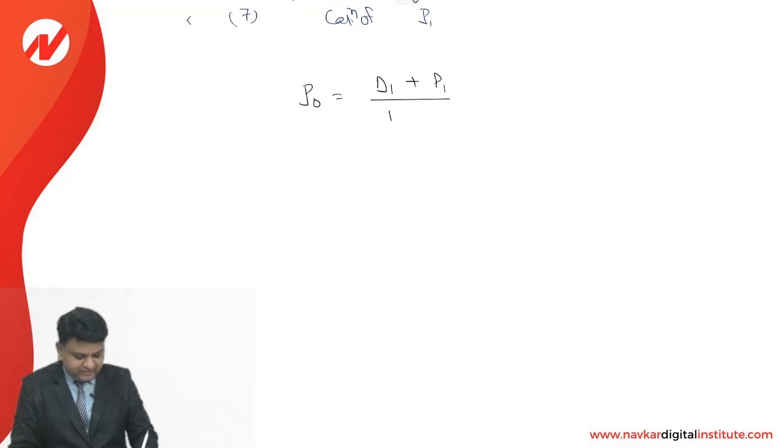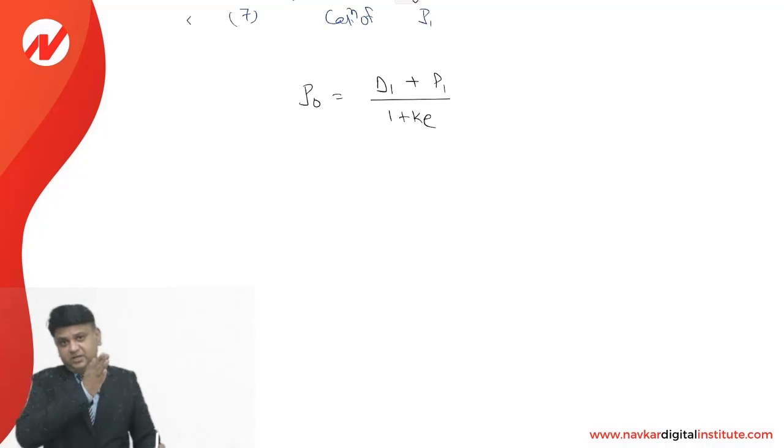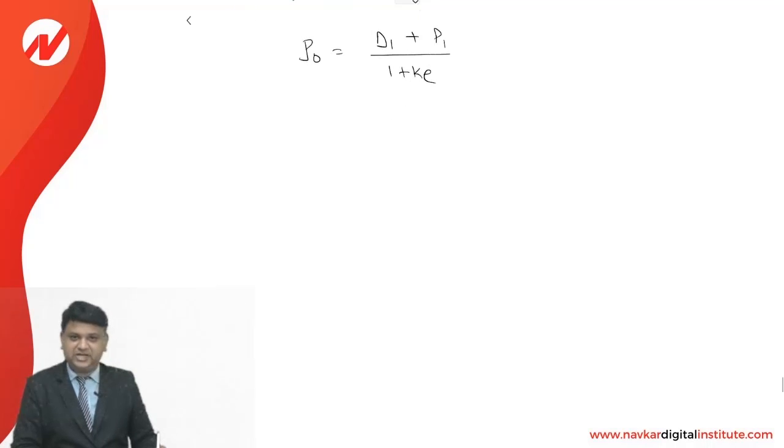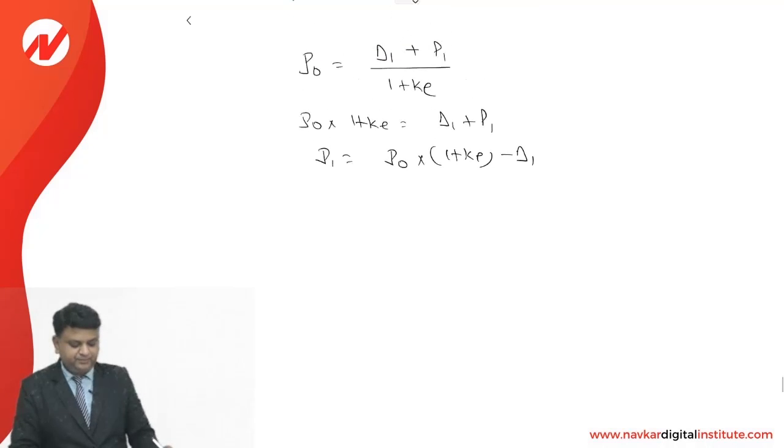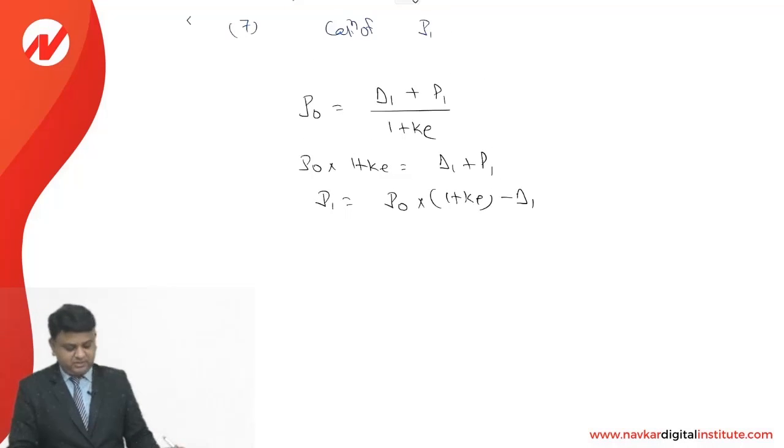Means end of year 1 dividend income and end of year 1 market price of the equity share will be discounted in present value terms, and with that P0 is calculated. So P0 into (1 plus K) is equal to D1 plus P1. As far as P1 is concerned, it is P0 into (1 plus K) minus D1. That is the way the P1 is calculated.